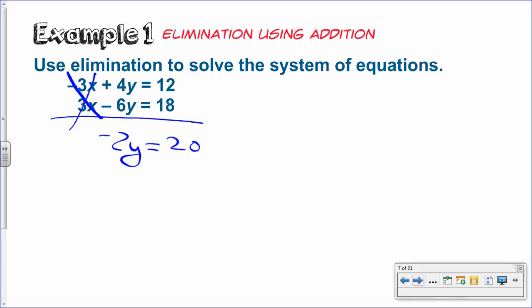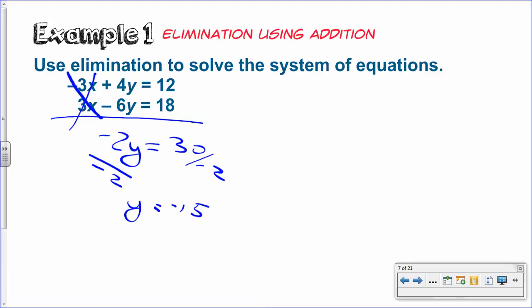Is it 30? Yeah, that's 30. Okay, solve for y. Divide by negative 2. Y equals 8.